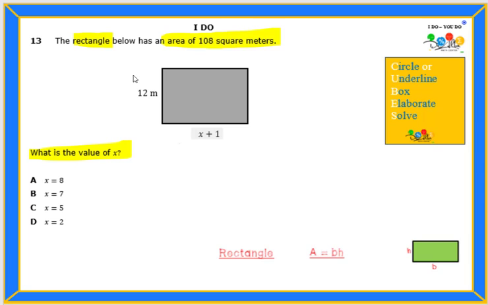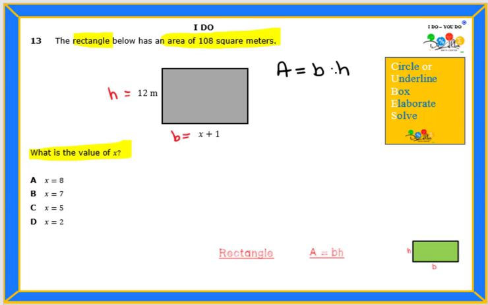So here, this number will represent our height, and x plus 1 will represent our base. And so I'm going to take this formula, area equals base times height.